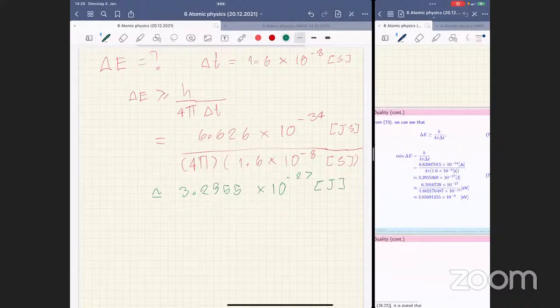That scale is the electron volt, right? We just divide this amount by the charge of the electron.